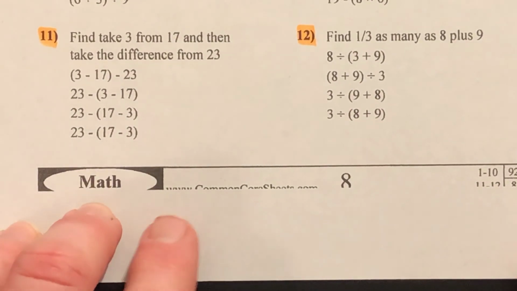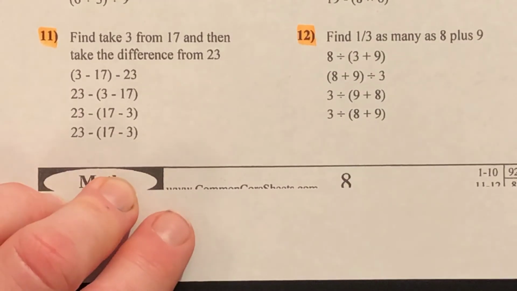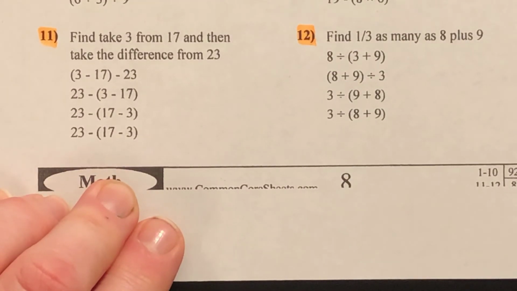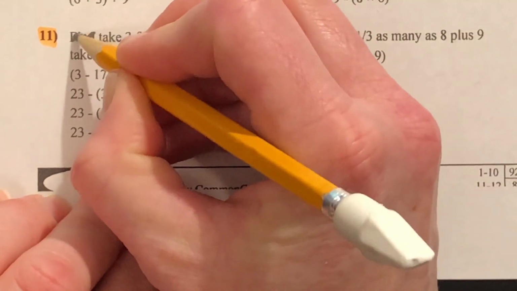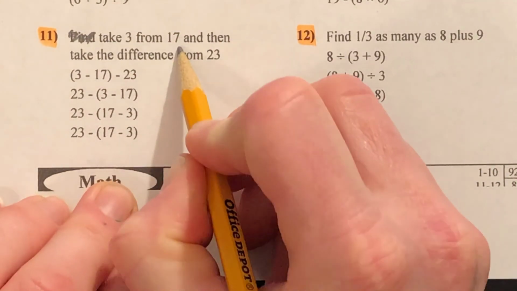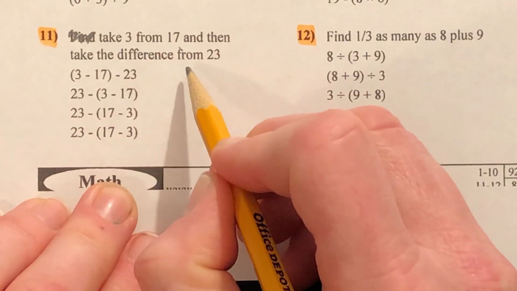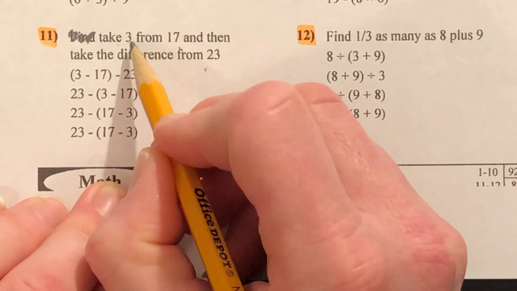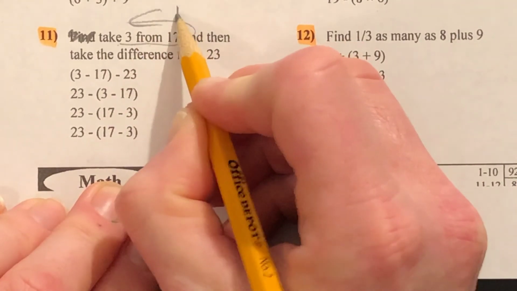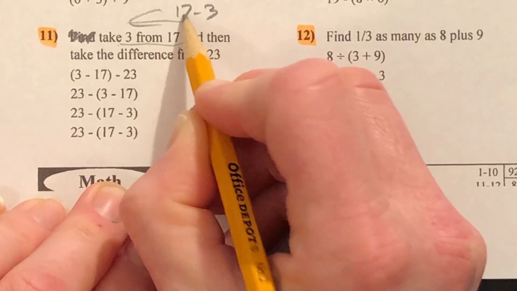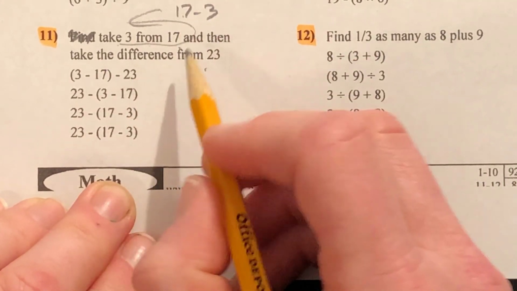Find, take. That's interesting. Which word do we like better? This one fits better. Take 3 from 17 and then take the difference from 23. Take 3 from 17. That's going to be 17 minus 3 because we're taking 3 away from it. And then take the difference from 23.